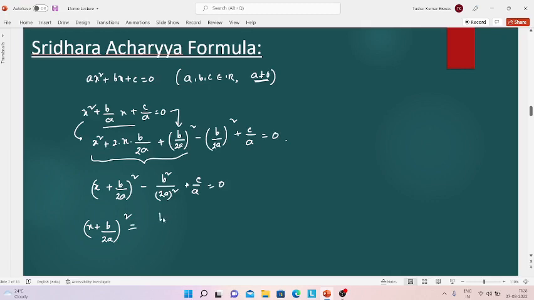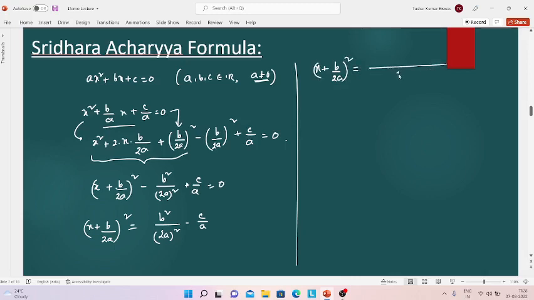It will be b square by 2a whole square minus c by a, right? So x plus b by 2a whole square will be equal to, I am just taking the LCM, b square minus 4, since 2 square means 4 and a is there so we get only ac, right? So b square minus 4ac is in the numerator and the denominator will be 2a whole square.